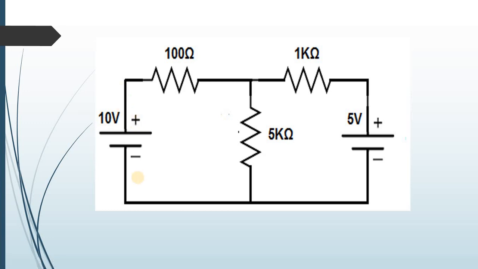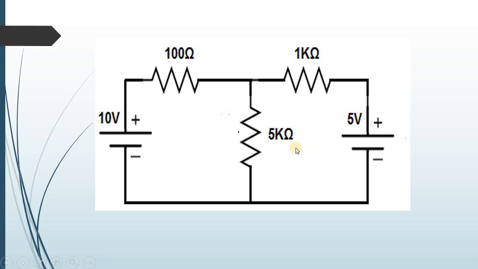Then secondly, we inactivate this 10 volt source and activate this 5 volt source. Again we short circuit the other as it is a voltage source. Then we find the current through the 5 kilo ohm due to this 5 volt battery.